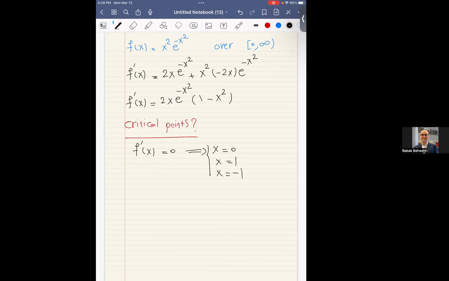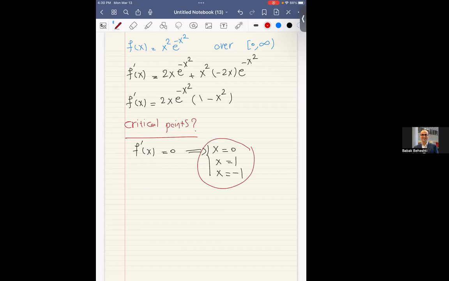Because x equal to 0 makes f prime 0, or you can have 1 minus x squared be 0. That means x is either 1 or minus 1. And the reason is e to the power something is always positive, is not 0. Okay? So those are zeros of f prime. You have 3 zeros: x equal to 0, x equal to 1, x equal to minus 1. But we don't have any point at which f prime doesn't exist, because f prime does exist for every x. Okay, so these are the only critical points.